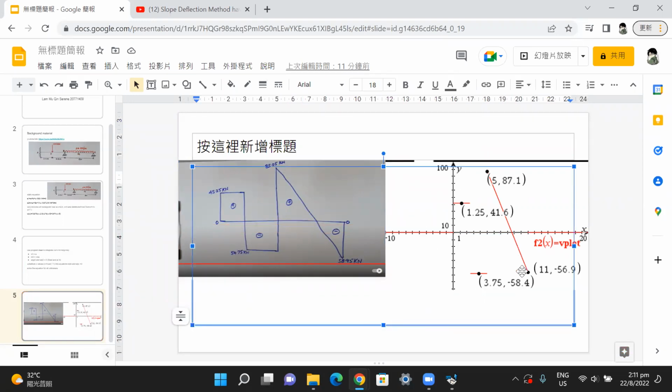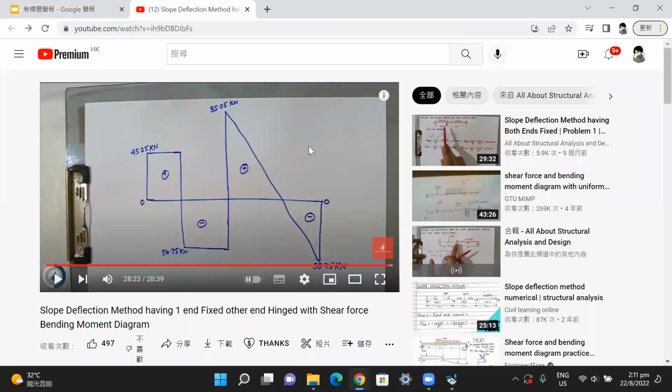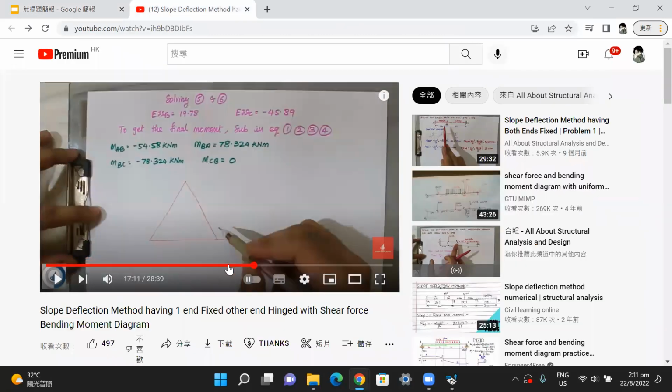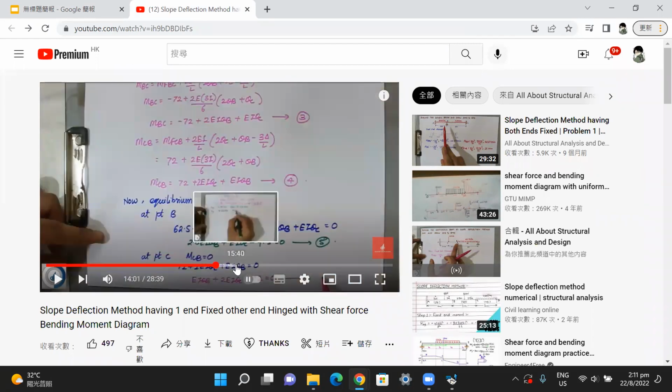And we could see that our answer is not quite the same with the traditional version, because in this video he just rounded off some of the answers to 2 decimal places.